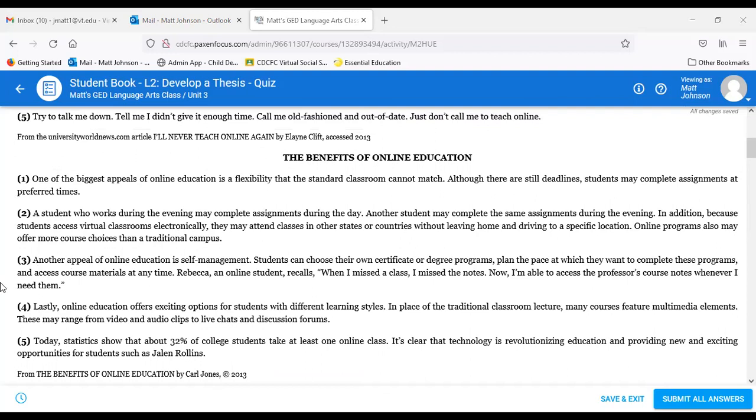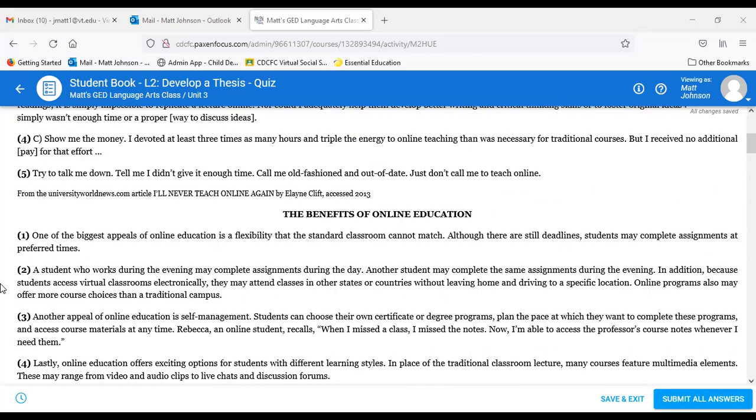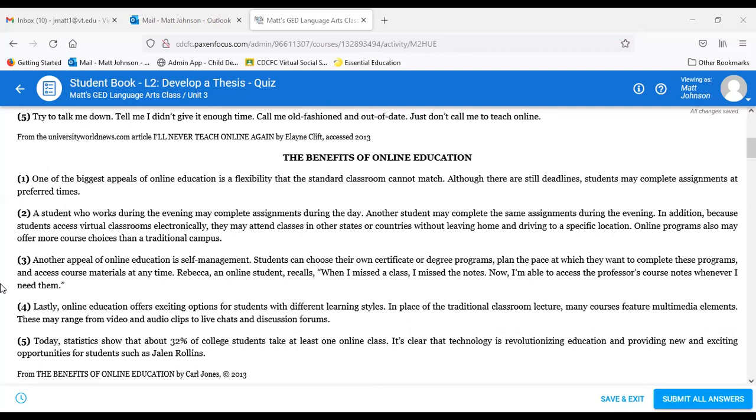It's also an exciting option for students with different learning styles. Different styles, is that what you said? Yes. Yeah, paragraph 4. You got it. So right, he goes, another appeal was the self-management, and then he provides that. So lastly, remember, look for our signal words and our transitions. Lastly, very good. Online education offers exciting options for students with different learning styles.